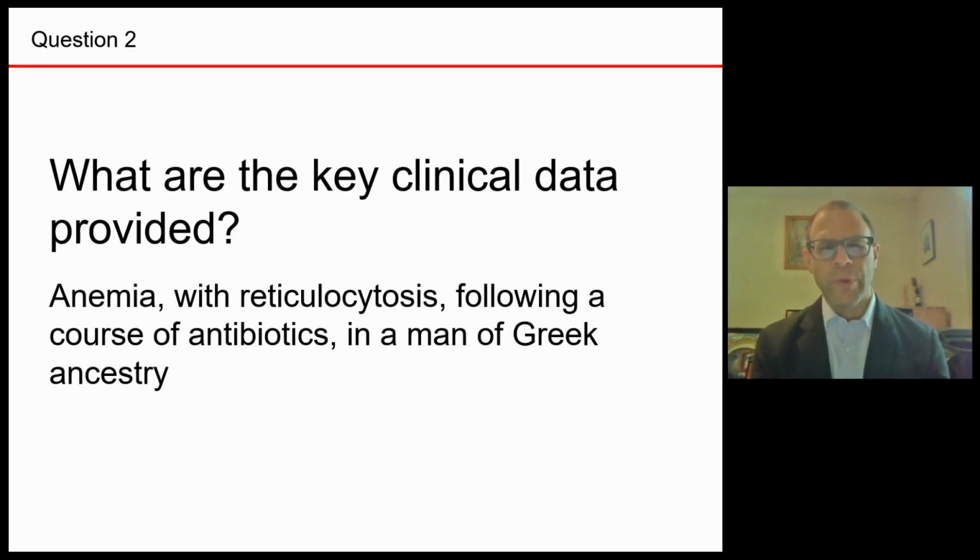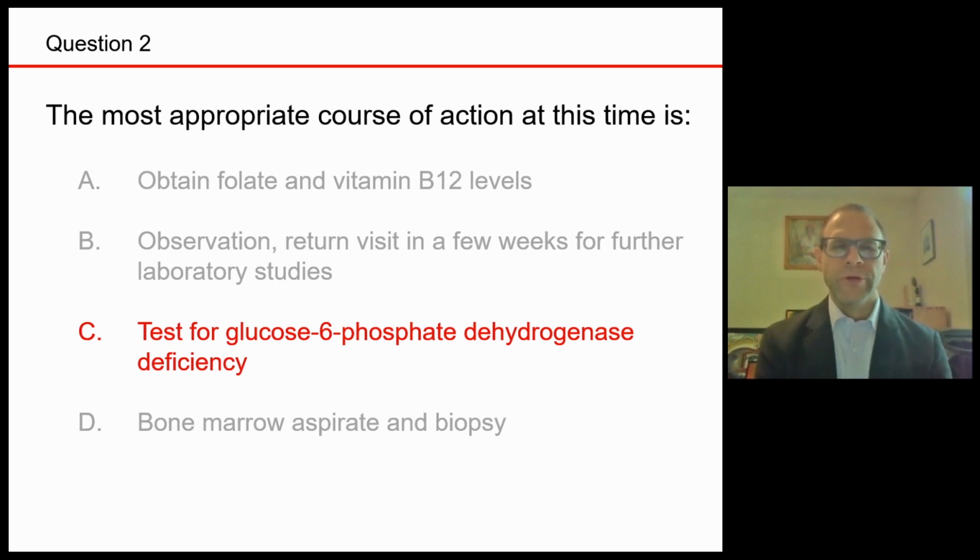Well, we see that the patient has significant anemia with a reticulocytosis, and the added information of a recent course of antibiotics and his Greek ancestry are relevant here. The answer is to test for G6PD deficiency, recognizing that this patient may be hemolyzing with a reticulocytosis.